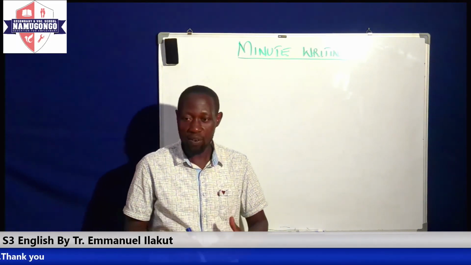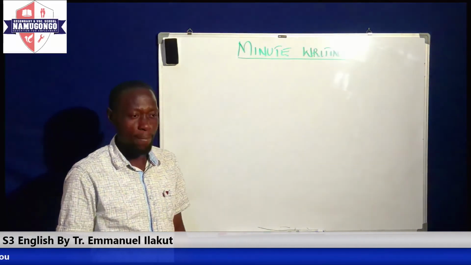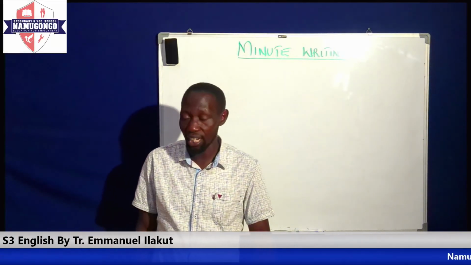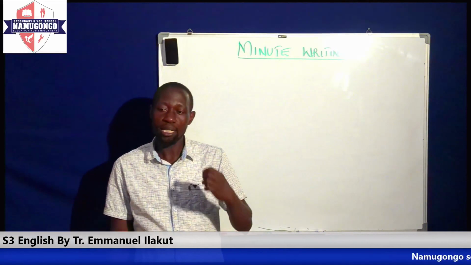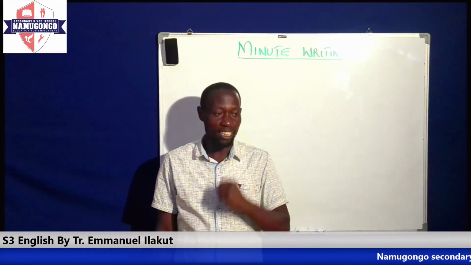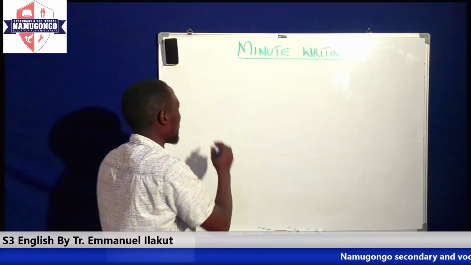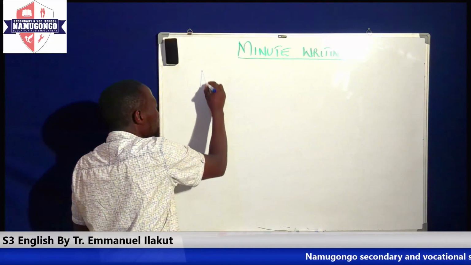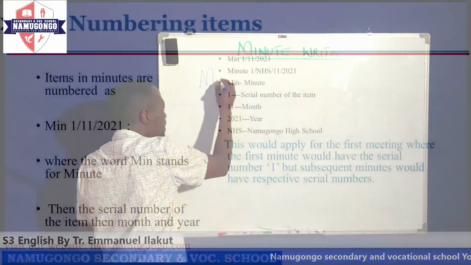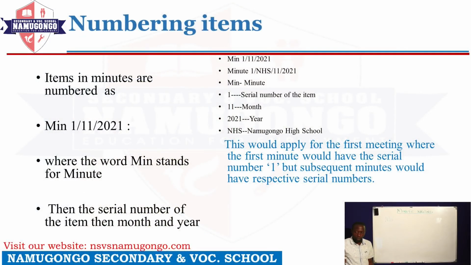How do we now write the actual minutes? Let's say items in minutes are numbered as, and we're giving an example there where one can say min 1 stroke 1 stroke 2021.